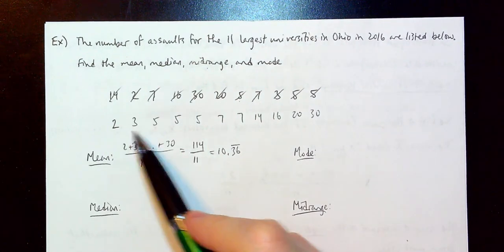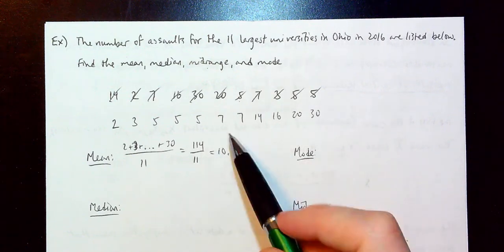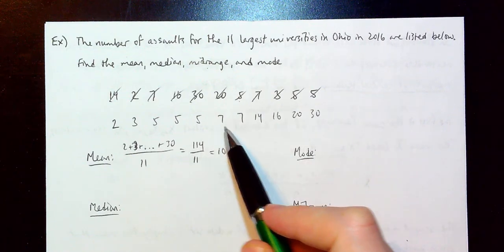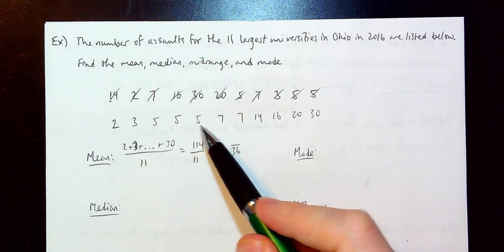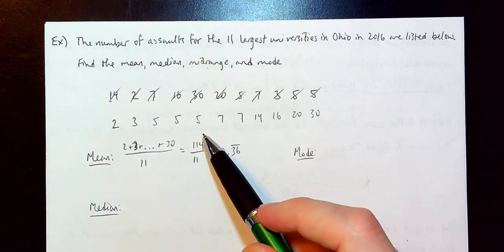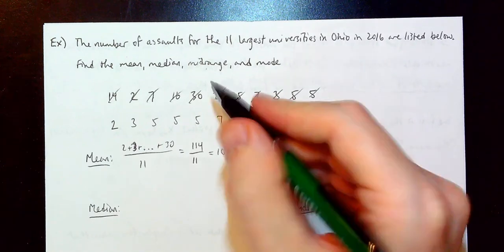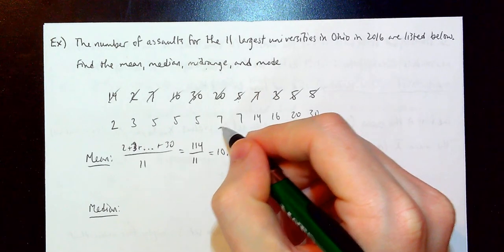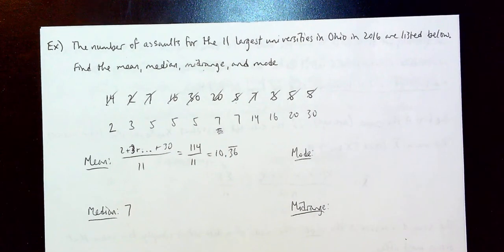So 1, 2, 3, 4, 5, 6, 7, 8, 9, 10, 11. So the middle value is going to be the 6th, because we're going to have 5 values less than that, or to the left of it. We're going to have 5 values to the right of it. So our median, or our middle, is going to be 7 right there.